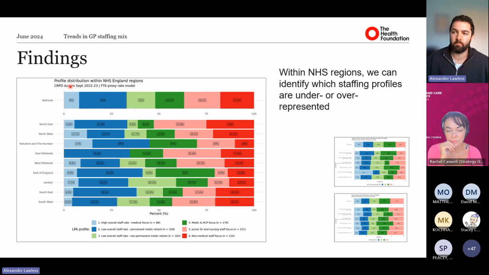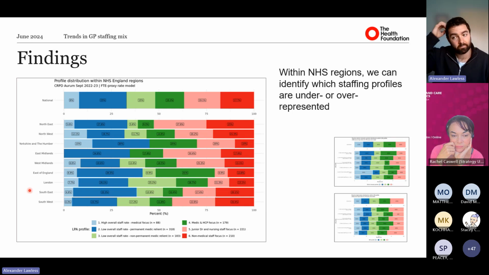In terms of the distribution of practices with a high staff rate, we can see that North West and Yorkshire have more than their share of high overall staff practices compared to the South East and South West, which are relatively underrepresented on that measure. The East Midlands has no practices that are considered high overall staff, and has more than you might expect of practices with a low overall staff rate and a reliance on one permanent medic.